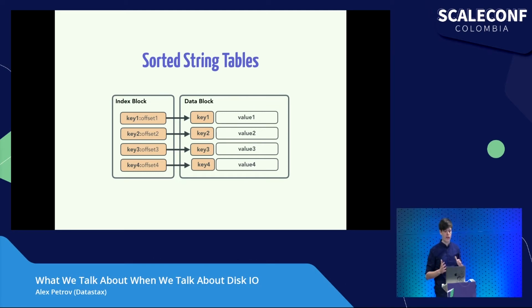Every value in an SS table usually has a timestamp associated with it. It specifies the write time for inserts and updates, which are, to be honest, often indistinguishable, and the removal time for deletes. Structurally, SS tables are split in two parts, the index block and the data block.